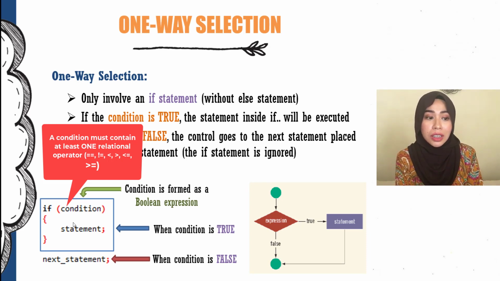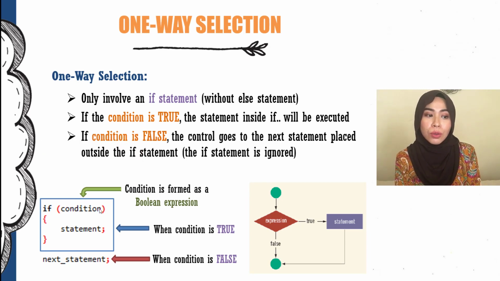That is needed inside your condition, so that this condition can be evaluated as either true or false. If it's true, the statement inside the curly braces will be executed. If it's false, it will execute the next statement. That is how if selection works. This is a one-way selection.